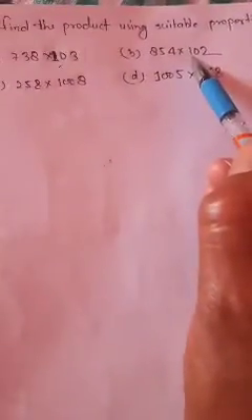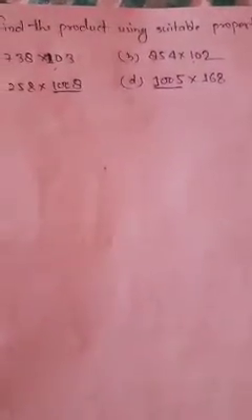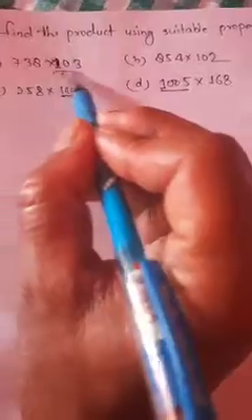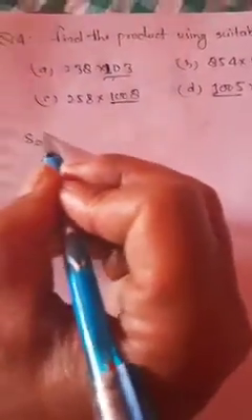Similarly here 102 is closer to 100. 1008 is closer to 1000. Here 1005 is closer to 1000. So we have to break these numbers into two parts and then we will multiply. We will find the product, not multiplying them as we usually do.